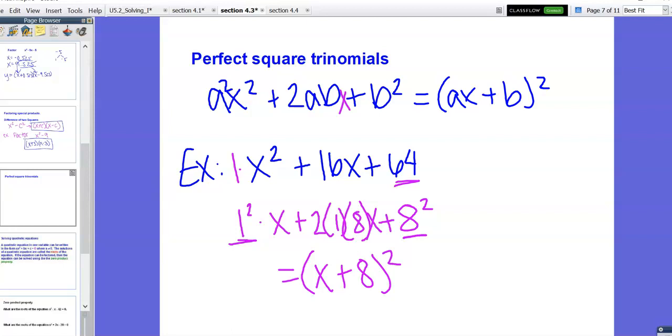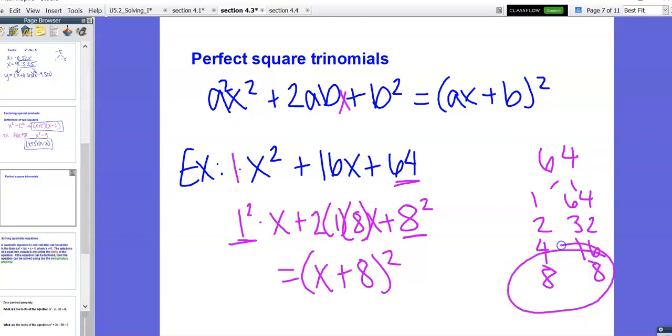I would get the exact same value if I factored out the number 64. And I chose the pair 8 and 8. You'd probably write it as x plus 8 two times. And these mean the exact same thing. I would say you should understand that shortcut, but yes, if you would rather just factor, you can still do that.